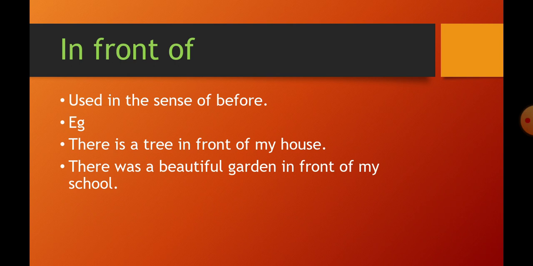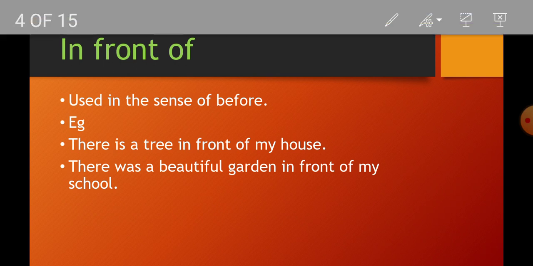That is used in the sense of before. In front of, before. Example, there is a tree in front of my house. That means before my house. There was a beautiful garden in front of my school. That means before my school.